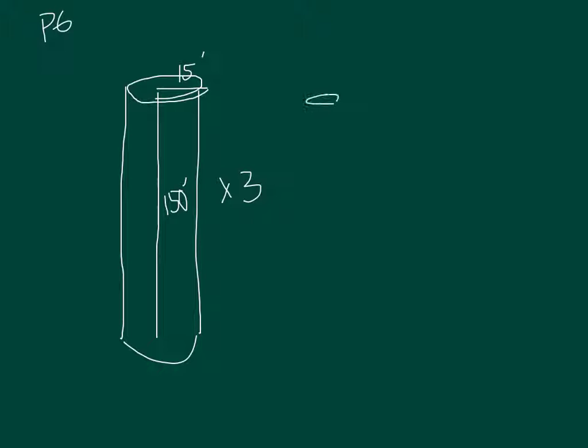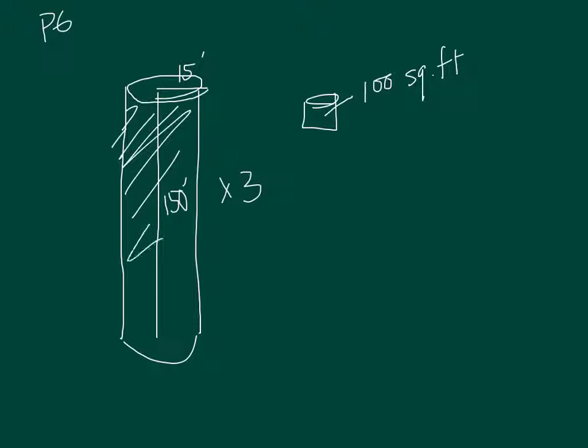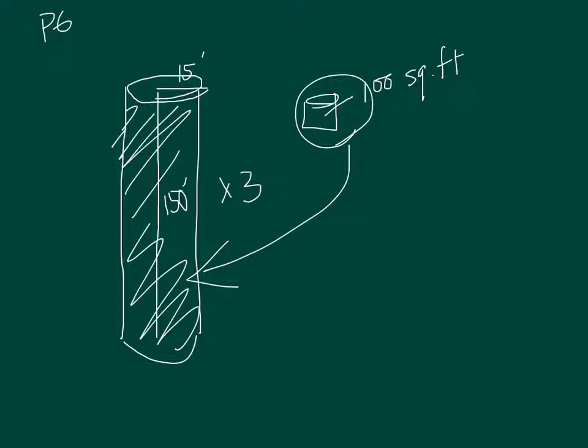A can of paint can cover 100 square feet, and you want to paint the outside of that chimney. So how many cans do you need to cover that? You might want to find out the lateral surface area of the chimney, and 3 of them.